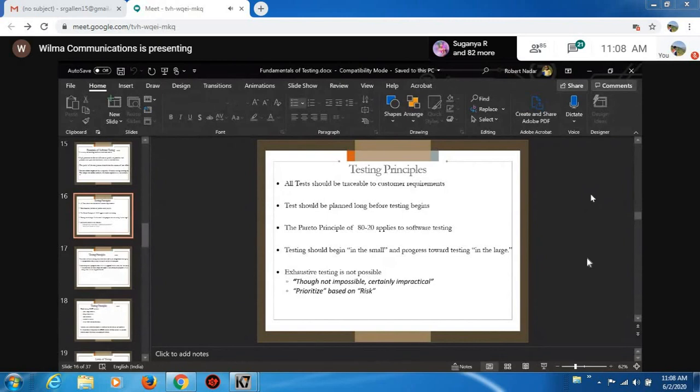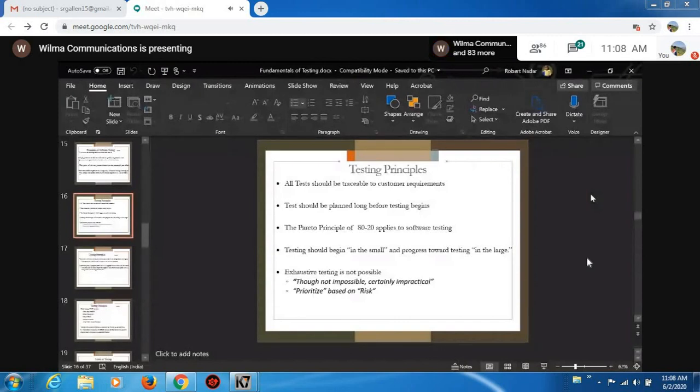You can start testing based on risk. I can first test the high-level risk requirements, then go to the low-level risk requirements, or start from low-level risk factors and go to high-level risk factors.